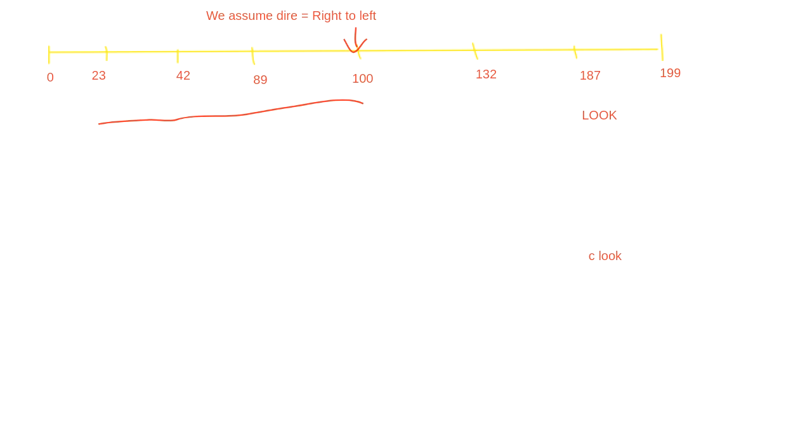This is one direction. We finished; there are no more requests here. Let's go to the other direction. From 23, while going back, it will serve 132 and 187. Finished. This is our LOOK algorithm.